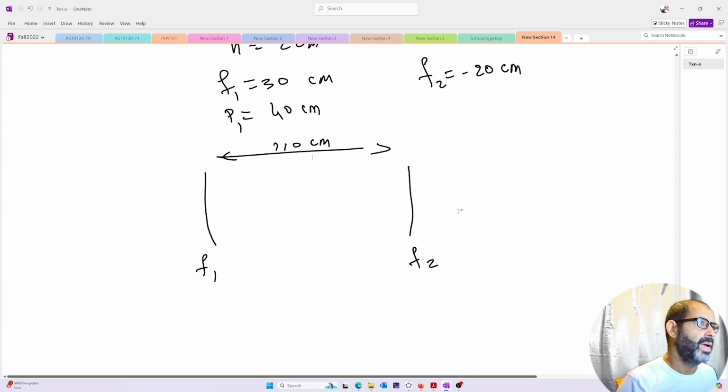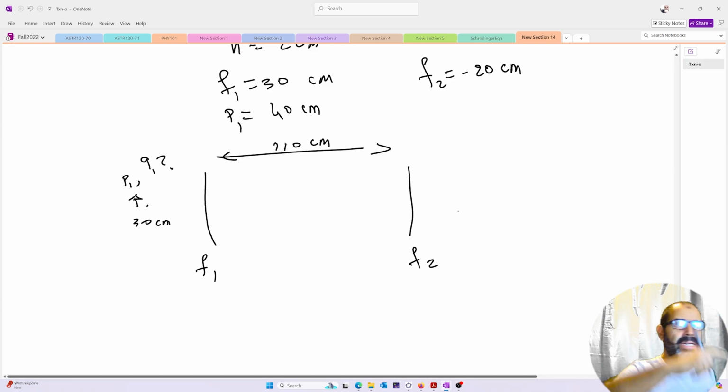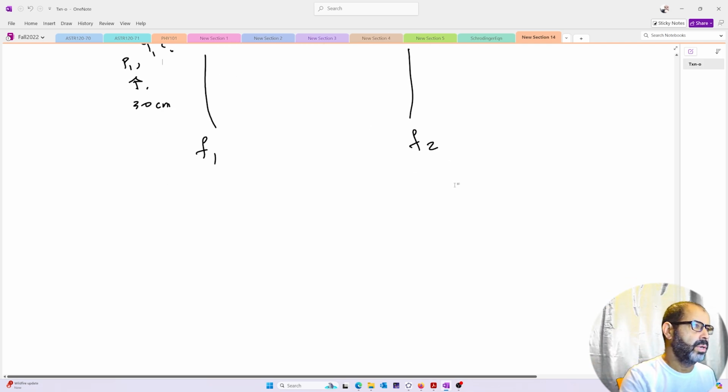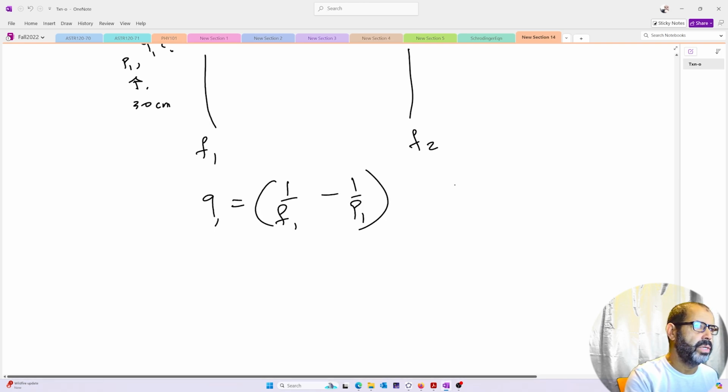So this is the focal length, which is 30 centimeters, and the object is just here, 40 centimeters. So this is P1, and we need to find where Q1 is. That's going to be your P2 for the second lens. Q1 is equal to 1 over F1 minus 1 over P1, inverted.